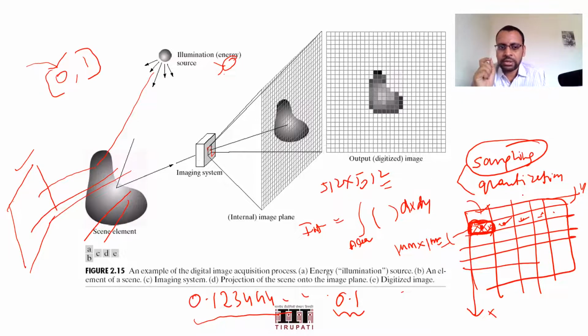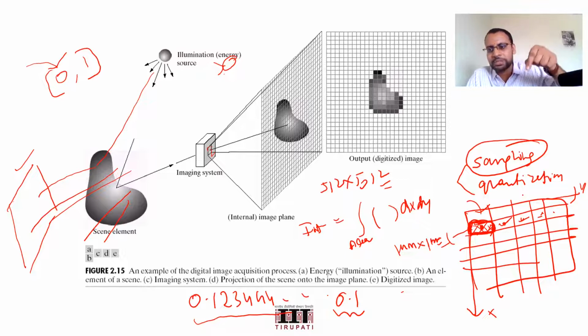Sampling is this: I want to store the image of your face, and I store it as a 512 by 512 image. These 512 rows and 512 columns are sampling. In each of these 512 by 512 samples, I want the intensity; this is only like allocating space.